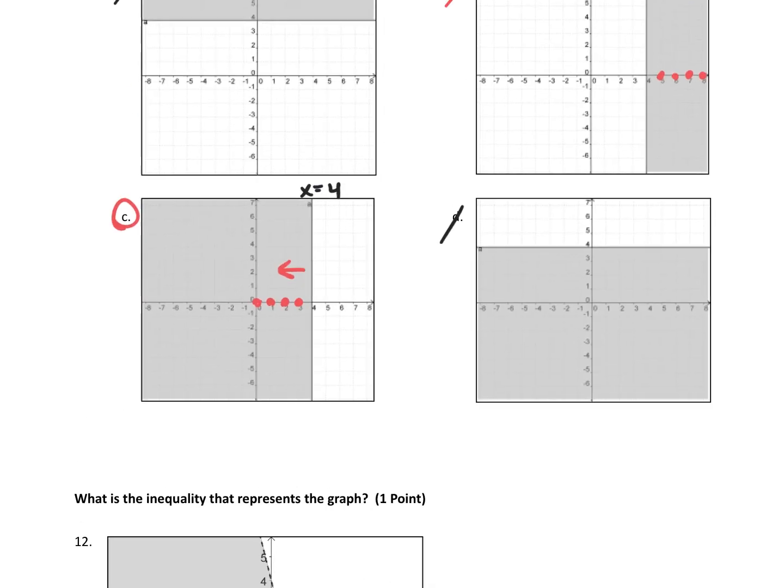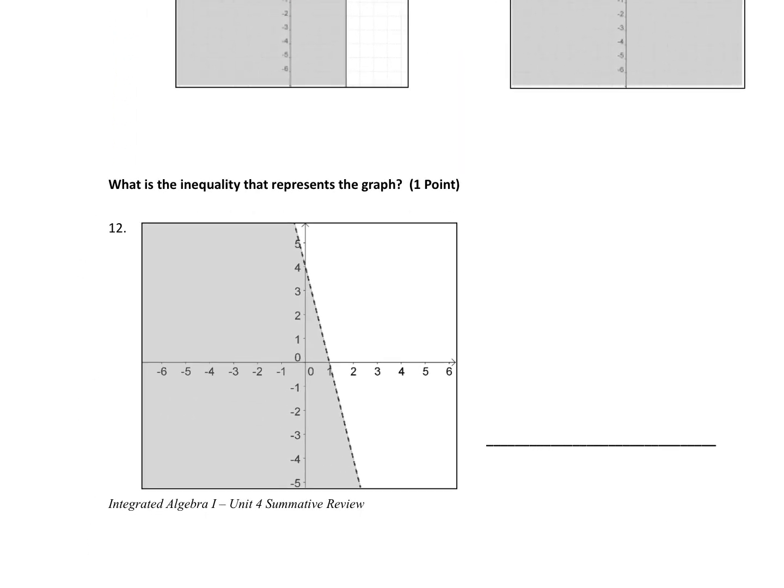Letter D, I want to write an inequality that represents this graph. So we have to identify my m, my b, and I want to write it in slope-intercept form in order to figure out which way it's going to go, below, above, etc. Between these 2 points here, I'm going up 1, 2, 3, 4, and over 1.